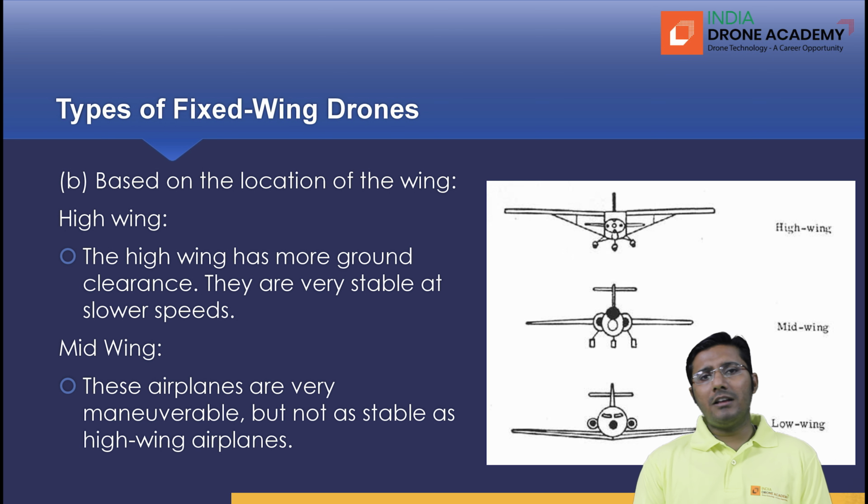The high wing has more ground clearance, and they are also very stable at slower speeds. This is one of the important advantages of a high wing. There are also some disadvantages as well, however, we are not looking at those things at present. The mid wing airplanes offer very high maneuverability, but they are not as stable as high wing airplanes.